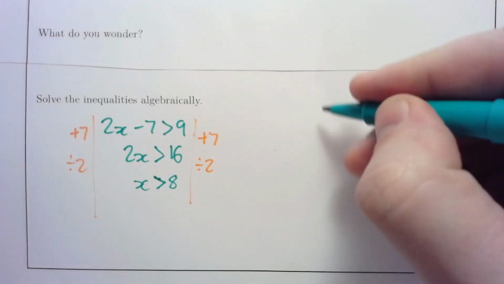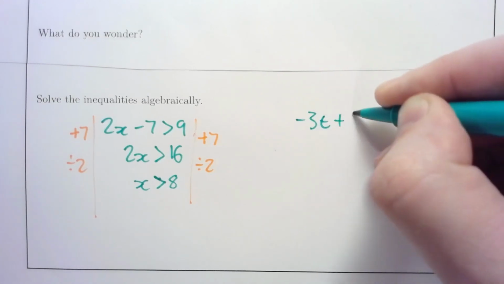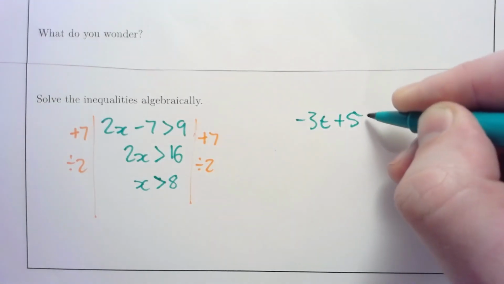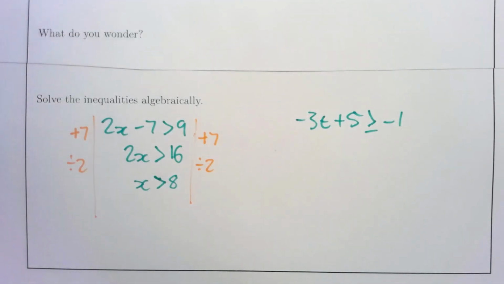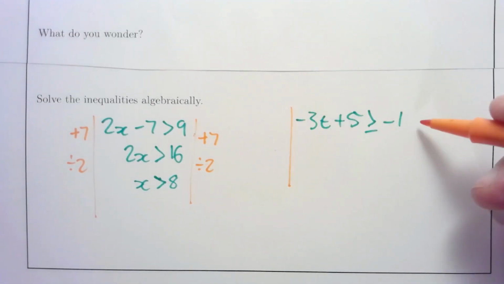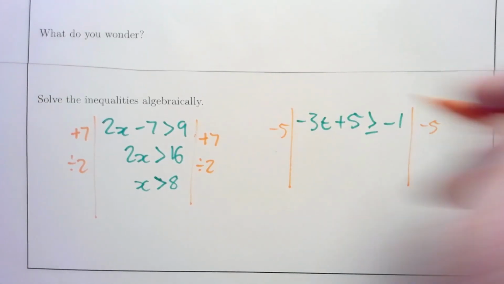For our other inequality though, we have negative 3t plus 5 is greater than or equal to negative 1. So the first thing we'll have to do is subtract 5 from both sides.